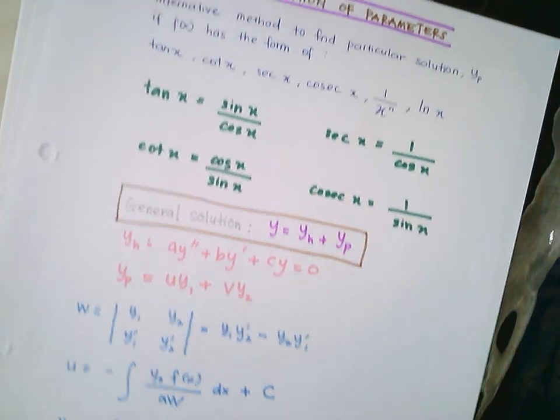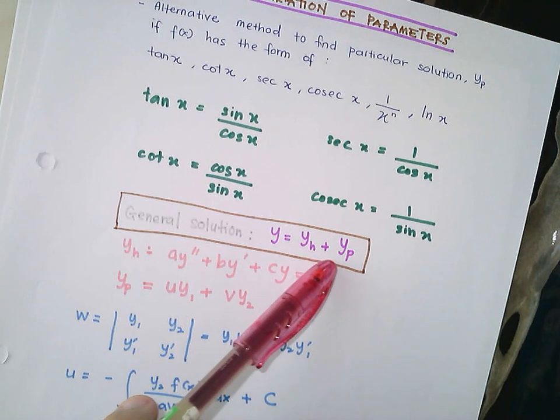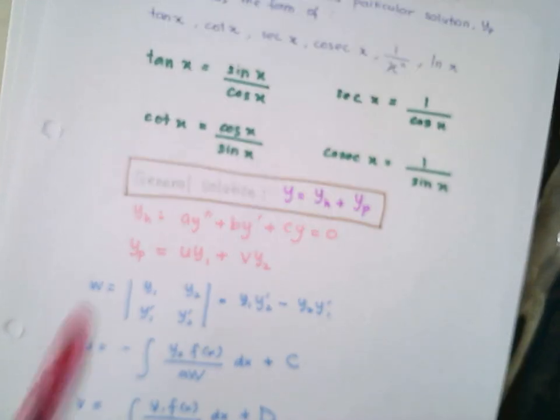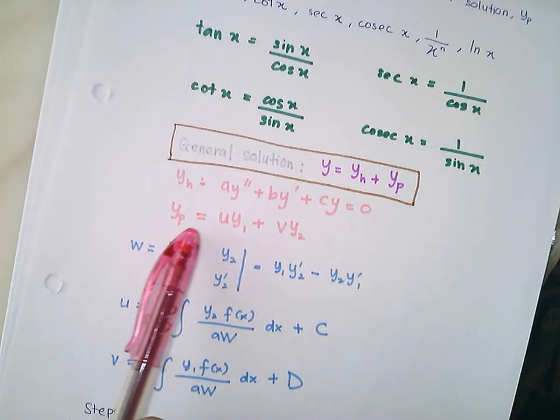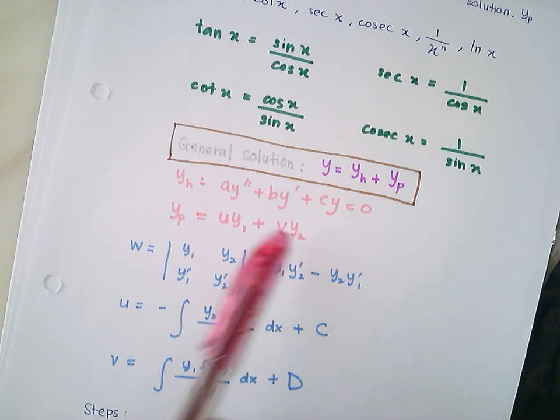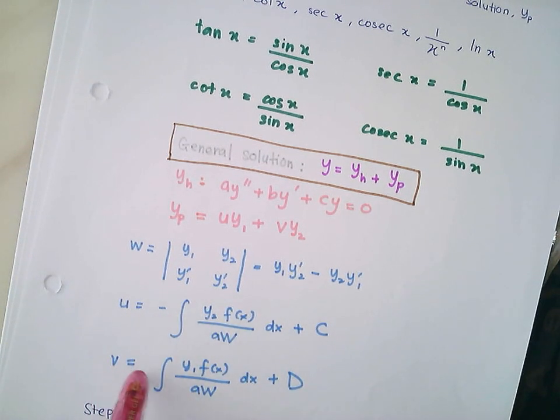Okay, so how does this VOP work? The general solution is still the same, y equals YH plus YP, but YP is obtained by using u y1 plus v y2, where u is given as this one and v is this one.